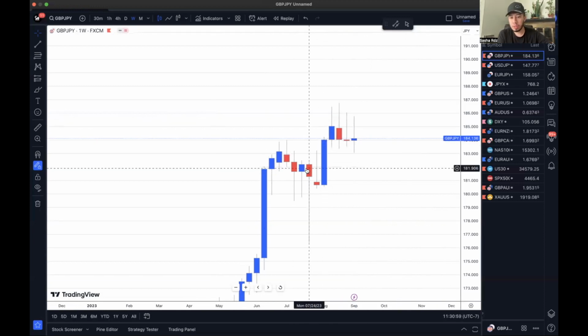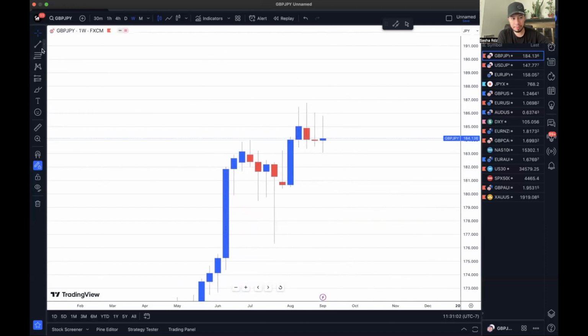So what I want to do is grab my horizontal ray. I want to grab my two closest psychological levels to where price is currently at. You guys can see the price here. My two closest ones are 185 and 183. Simple, draw it.